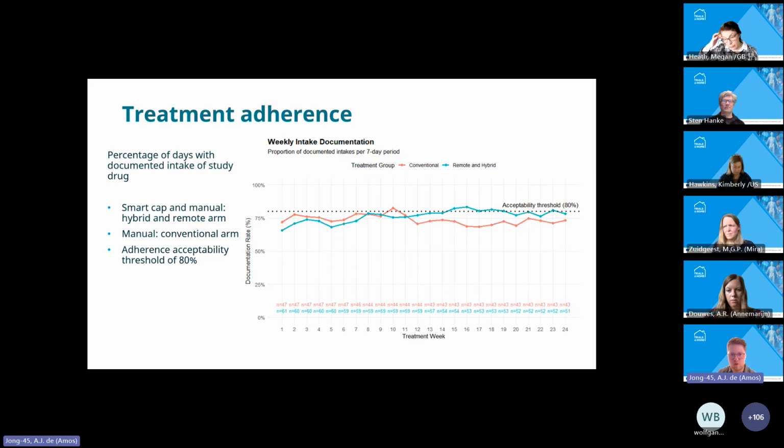You see that overall, the availability is just below 80%, and it's quite stable over time. That's quite interesting. Of course, I think important to mention is that with insulin, we expect at least close to 100% adherence, but this really talks to the availability of that drug intake data in the context of this study.